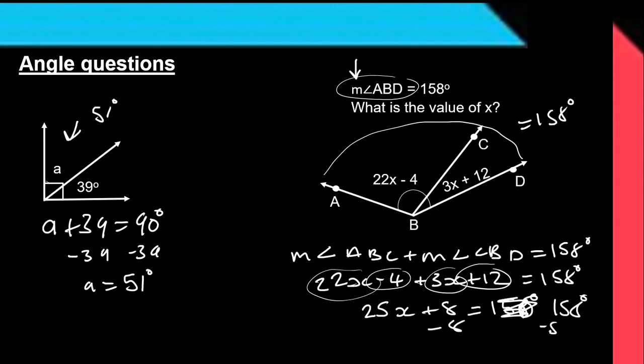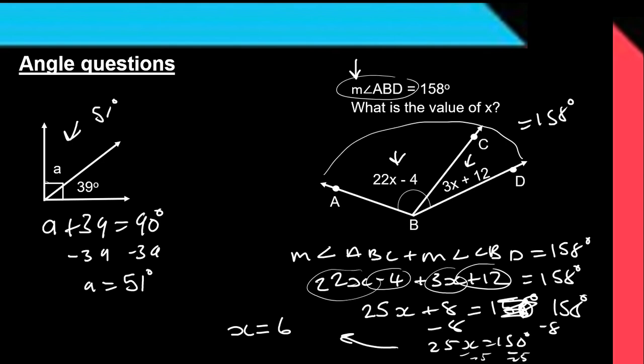If I subtract 8 from both sides, 25x equals 150 degrees. If I divide both sides by 25, I've run out of space, so I'm going to do it over here. I'm left with x equals 150 divided by 25, which gives me x equals 6. And that's all the question wanted me to do. If it wanted me to work out each angle, I would just substitute x equals 6 into each one.